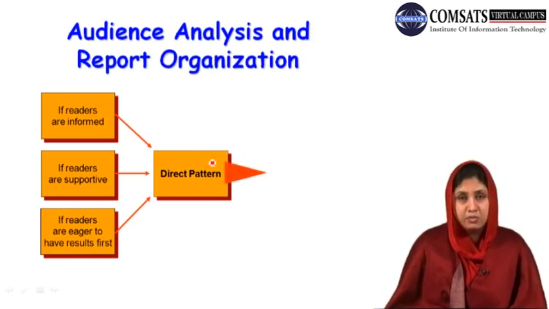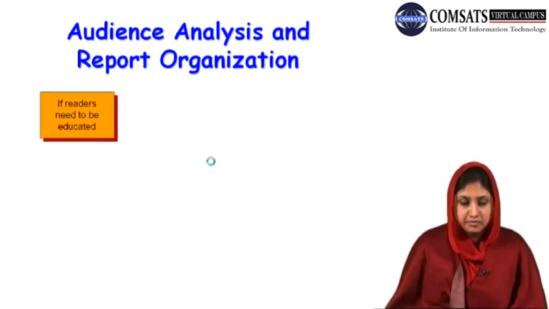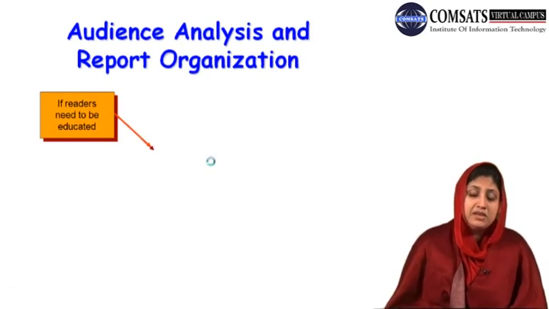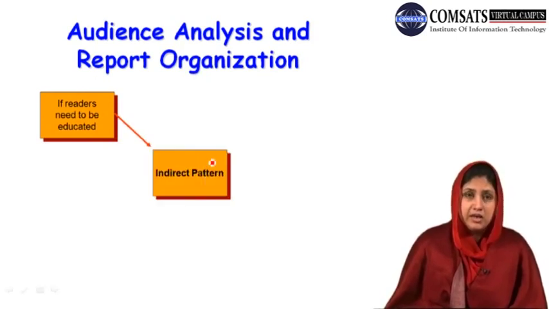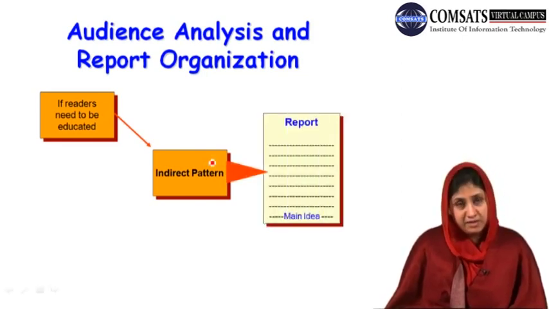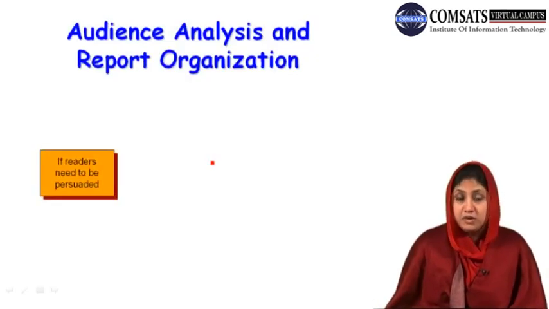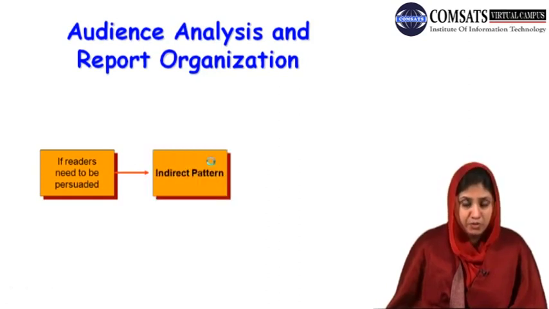So you will start with a direct pattern of providing the results of the report in an executive summary. However, if readers need to be educated, that will lead you to follow an indirect pattern of report writing. Again, if your readers need to be persuaded first, you need an indirect pattern of report writing.